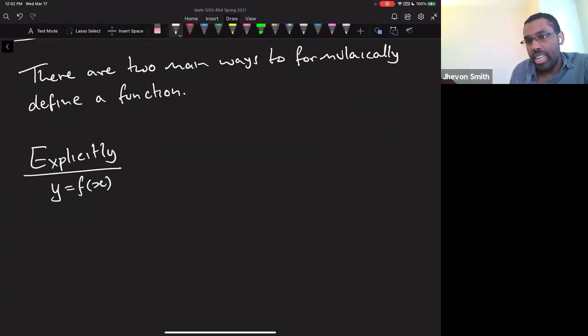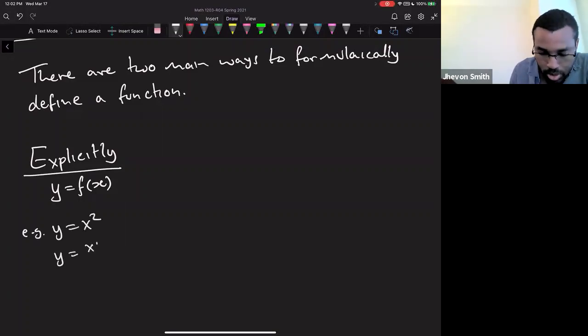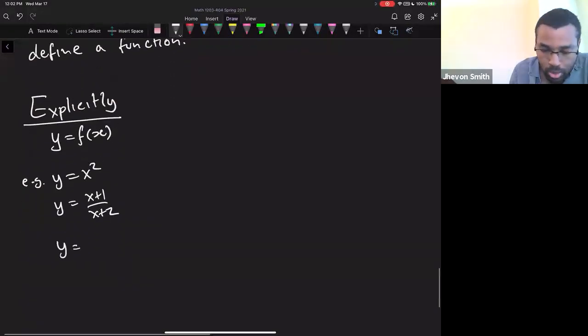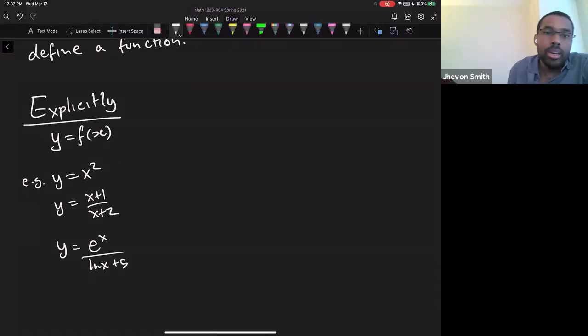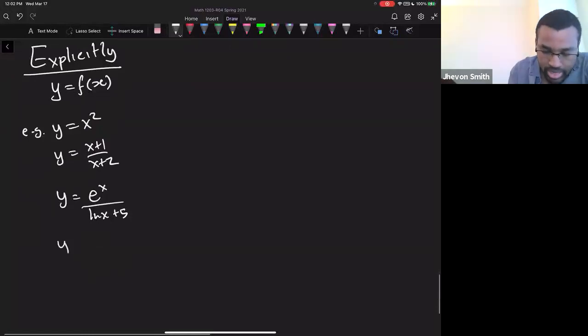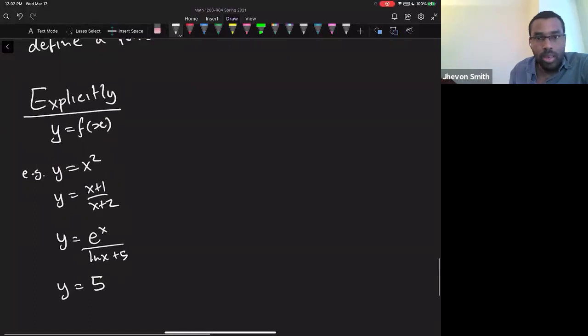There's some formula with just x's in it, and that tells me what the output is, right? So that's an example like y equals x squared, or y equals x plus 1 over x plus 2, or y equals e to the x over ln x plus 5, whatever, right? y equals something, and on the other side of the something, it's potentially only x's, but you might not see an x. You might see a number like y equals 5, so a constant function.